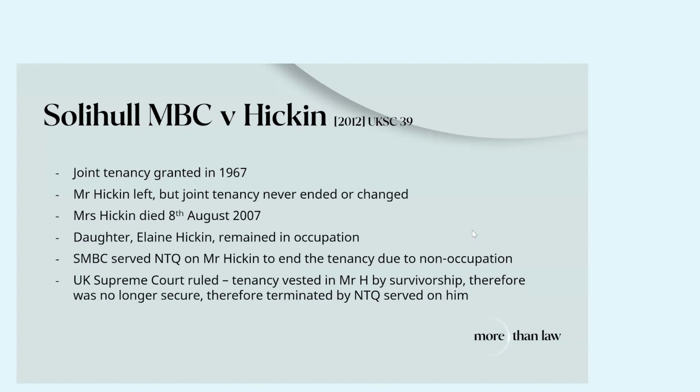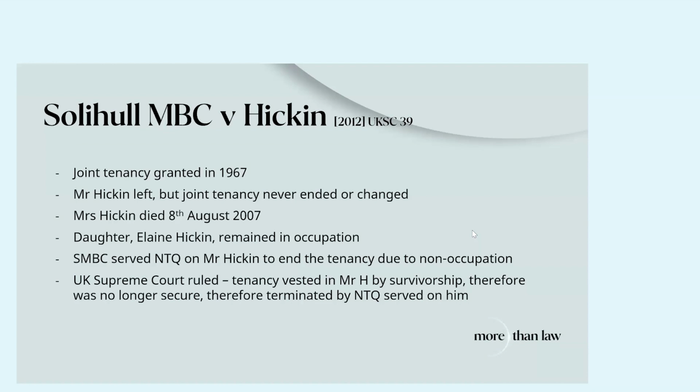What it means is that when the Housing Acts 1985 and 88 look at the definition of what is a successor, there are certain circumstances when the tenant dies and the person who takes over is deemed to be a successor.